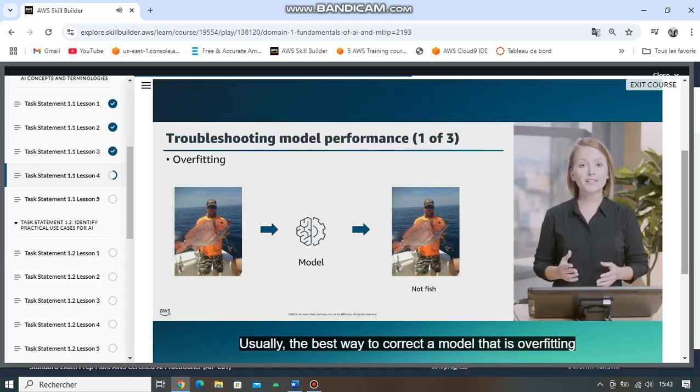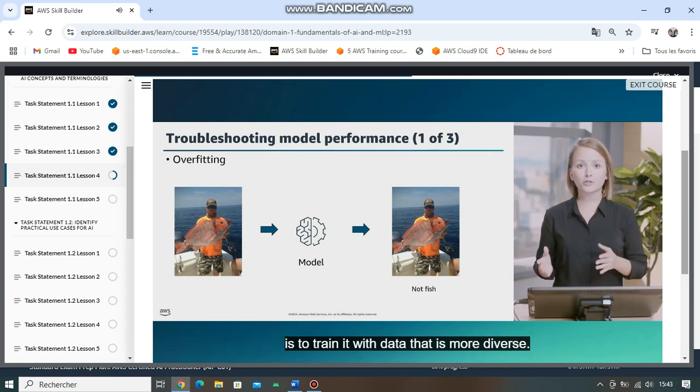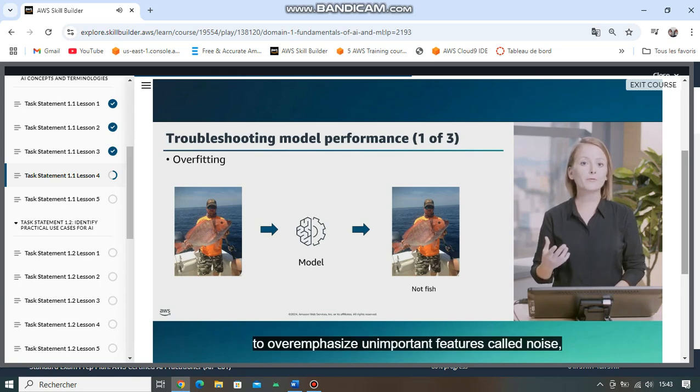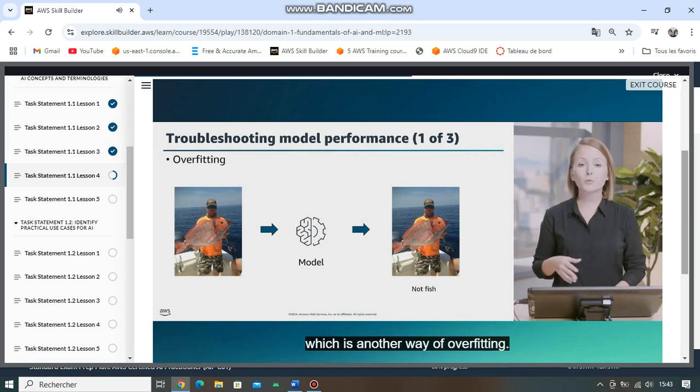Usually, the best way to correct a model that is overfitting is to train it with data that is more diverse. Sometimes, if you train your model for too long, it will start to overemphasize unimportant features called noise, which is another way of overfitting.